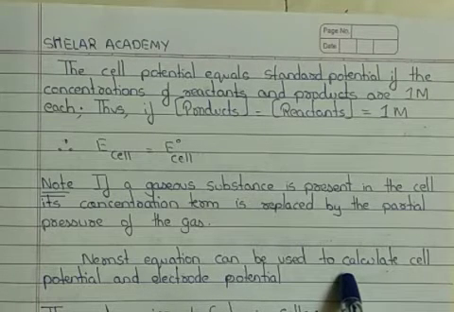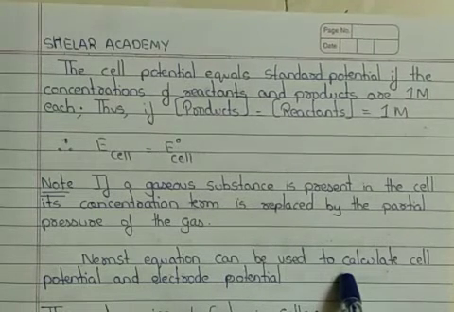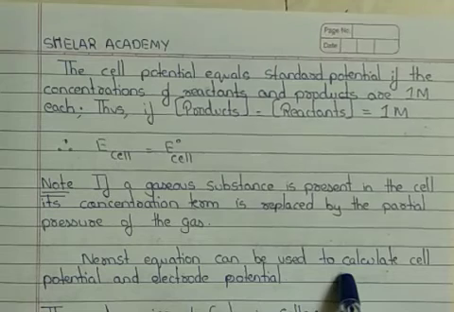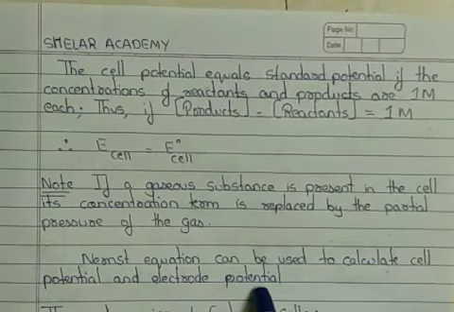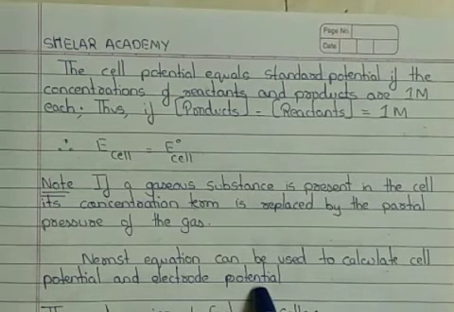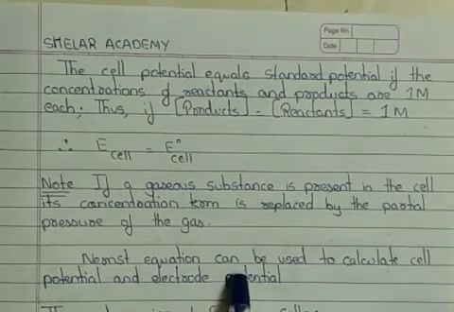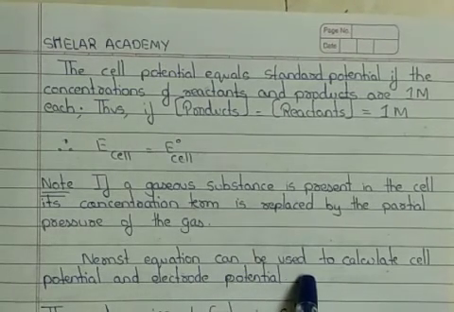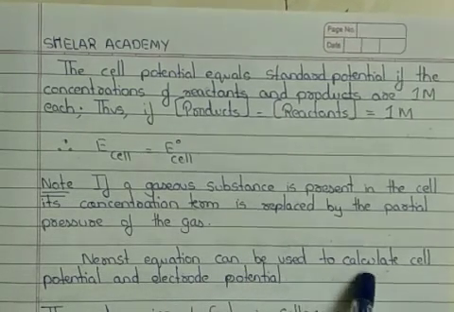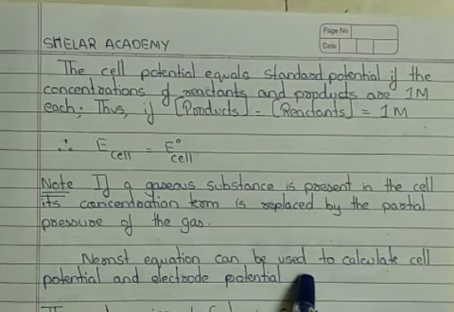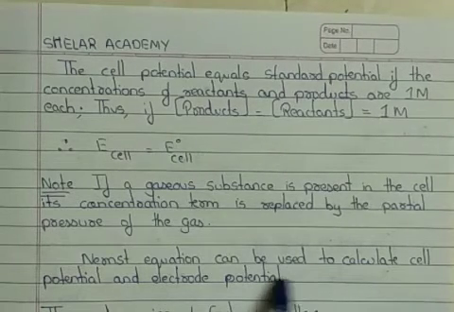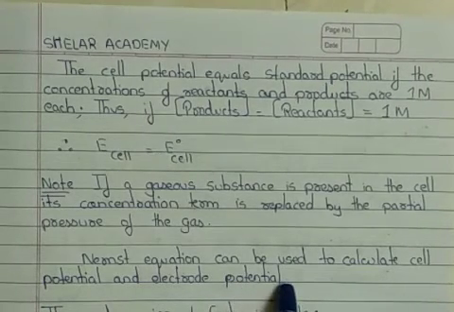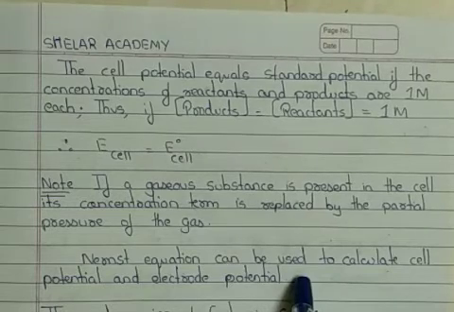If we are using a half cell's Nernst equation, then that will give us a formula to calculate its electrode potential and not the cell potential. So with the help of Nernst equation, we can calculate both: cell potential if it represents a cell, or electrode potential if it represents a half cell.